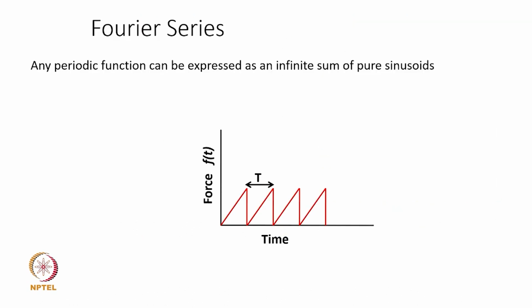Okay. So, coming back to this Fourier series, just a slight recap of what this Fourier series is. Any periodic function can be expressed as an infinite sum of pure sinusoids. Now, a mathematical statement, and for the illustration I am showing you a periodic time function just like the sawtooth profile that we saw for the cam excitation case.